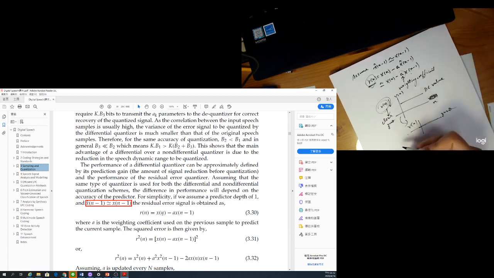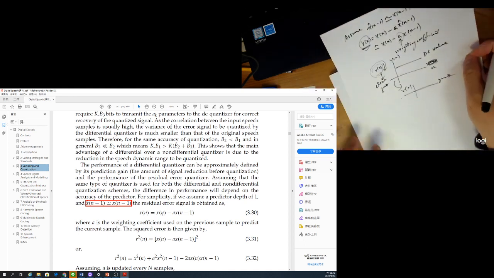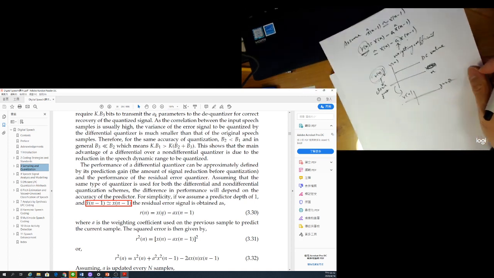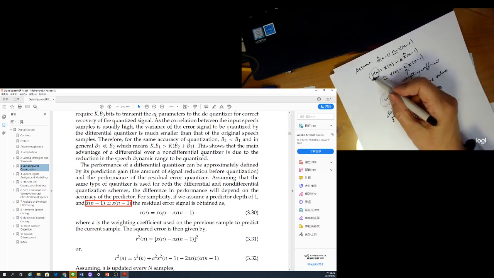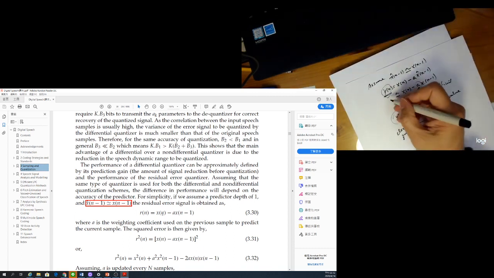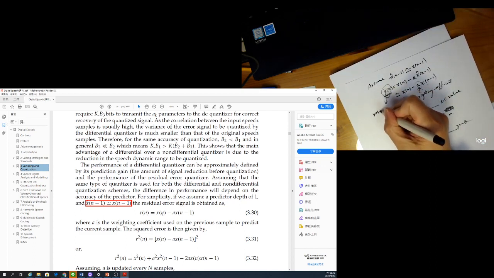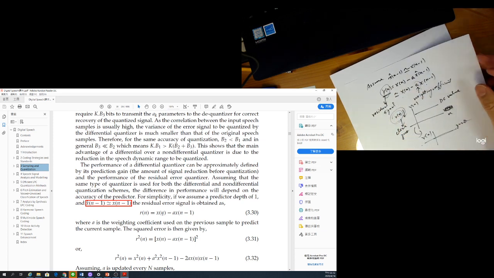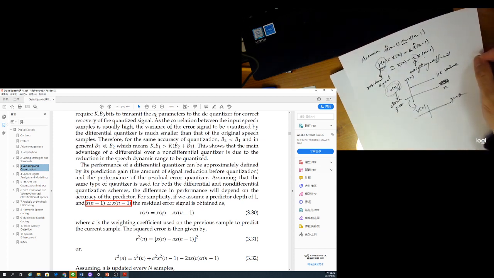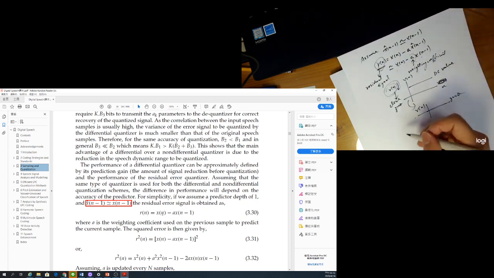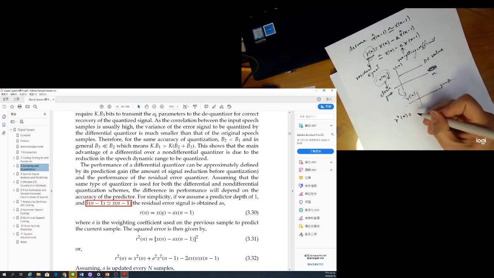So we calculate the square error, because we do the prediction and then get a residual signal. We call this the residual signal, and we try to make sure it becomes smaller. So we want R square of n, because there are positive and negative values, so we square them.